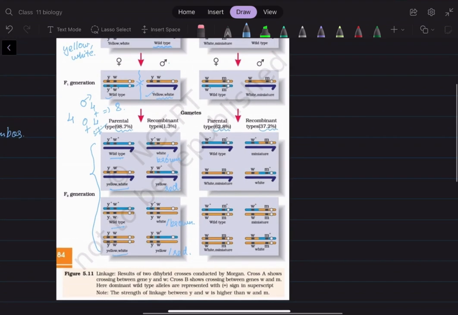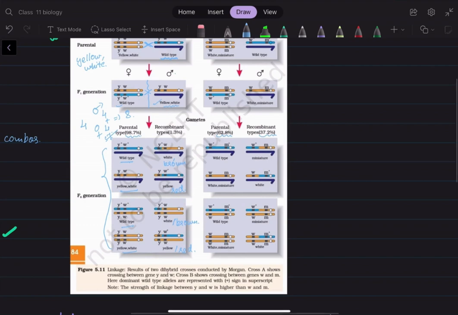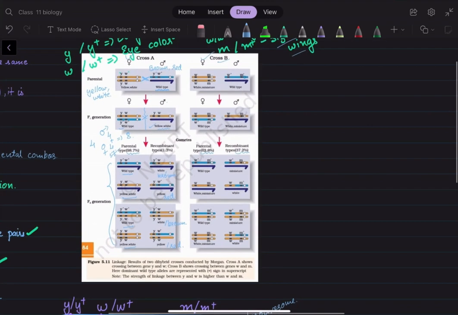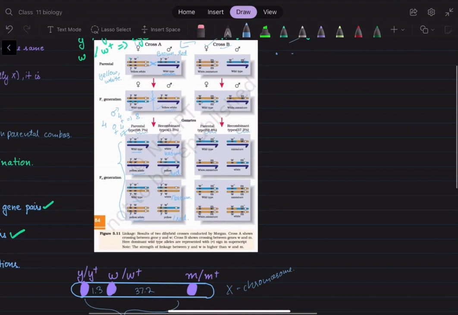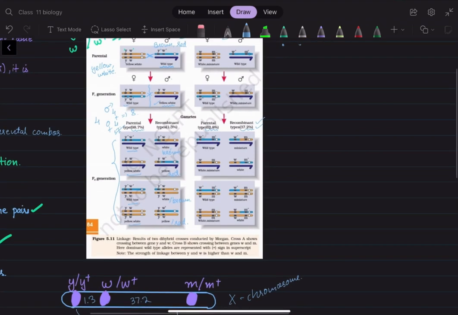So you can say that these are not completely linked. They're a bit far from each other compared to the other pair of genes. In this case we see more recombination, and hence we can say they are farther apart from each other than the other two genes.